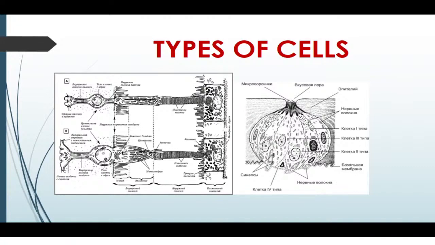One type of cell is supporting cells. Another is epithelial sensory cells.